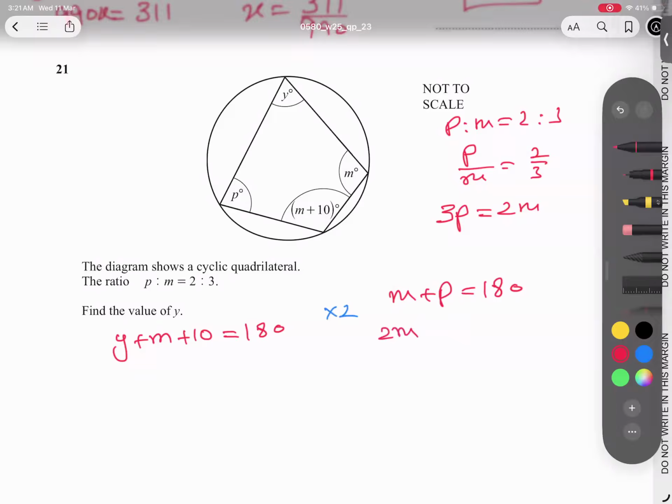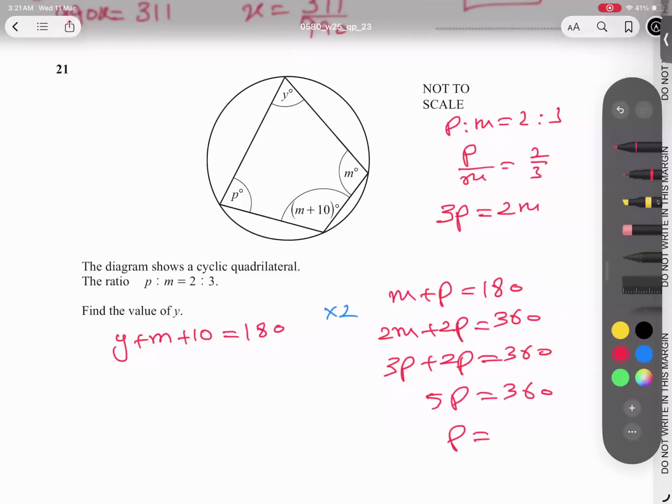I got 2m plus 2p equals 360. What is the benefit? 2m and 2m match, so 3p can be replaced. I remove 2m and replace with 3p here. So 5p equals 360.